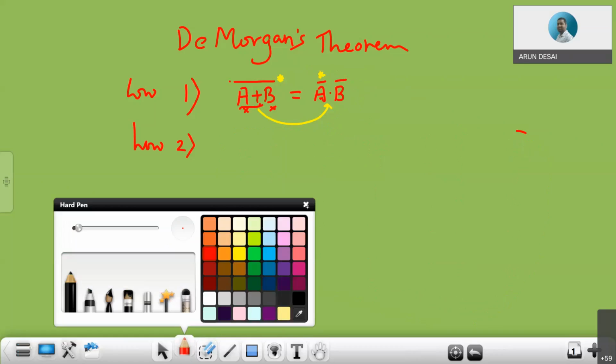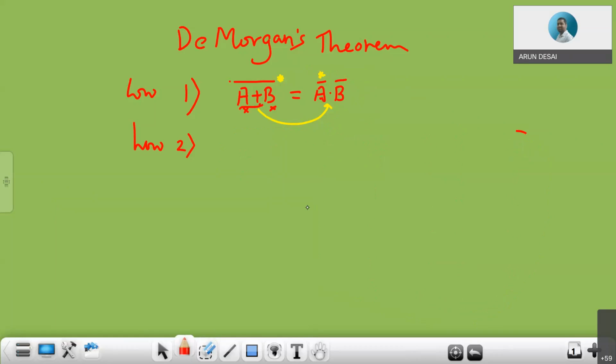So next is law 2. A B complement equal to A complement plus B complement. The reverse thing, right? So if you check the first law proof, you will also understand the proof for the second law, right?